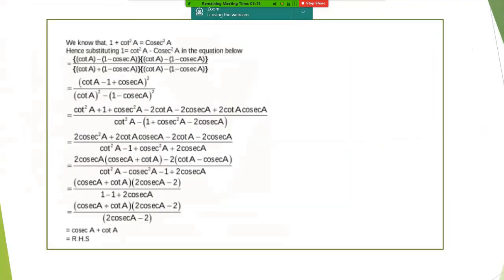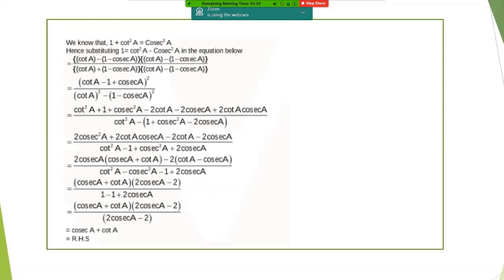Slideshow mode. Yes. Perfect. Excuse me, ma'am. Pranav here. Yeah, Pranav, tell me. Ma'am, in this slide, the third is equal to 1, 2, 3. Yes, ma'am. So then there's cot square A minus 1 plus, and in the denominator it is minus whole bracket 1 plus cosec square A, right? Perfect. But in the next one, there's a minus sign there, no, Pranav? Yeah, ma'am. But here it is still plus cosec square A. There's a minus.